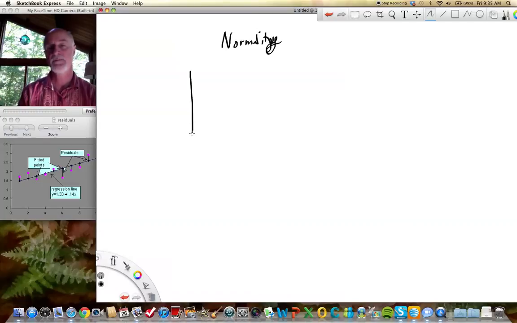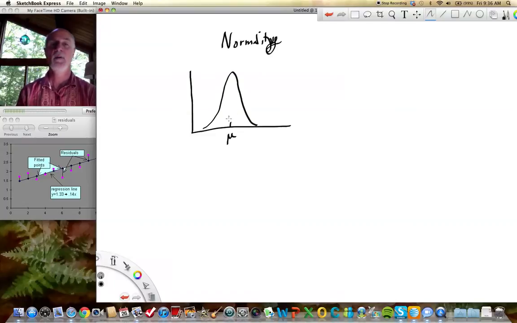For example, when we developed our simple t-test, we assumed a normal distribution around mu, and we estimated the standard error around that mean from the sample data, and we would ask, for example, what was the probability of getting a y bar like that, that far away from the hypothesized mean.